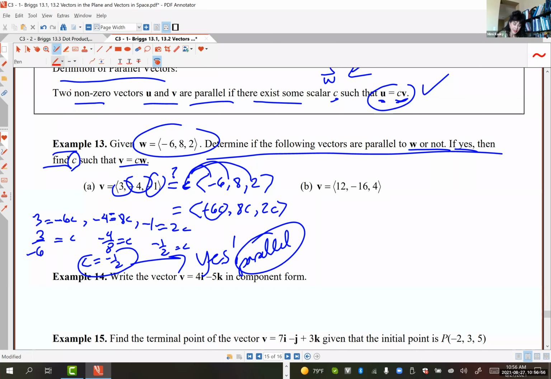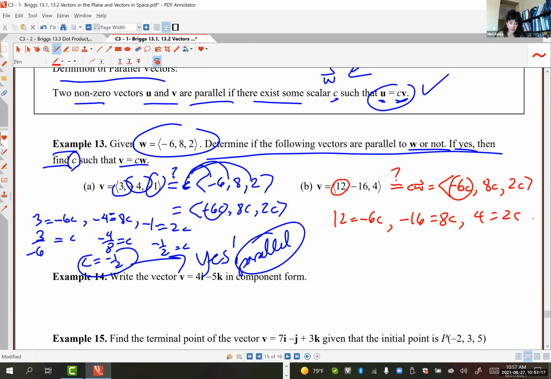I don't know. Does it look like it's going to equal CW, which was negative 6C, 8C, 2C? And again, you'll equate components, and solve for C 3 times, and reduce.